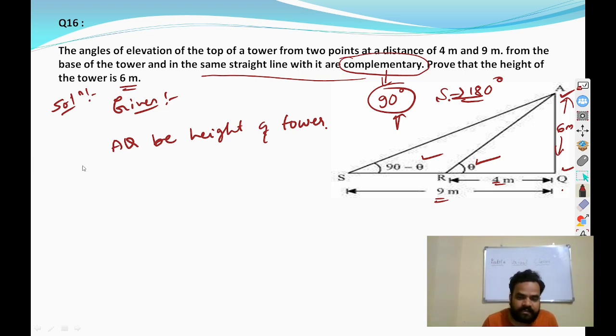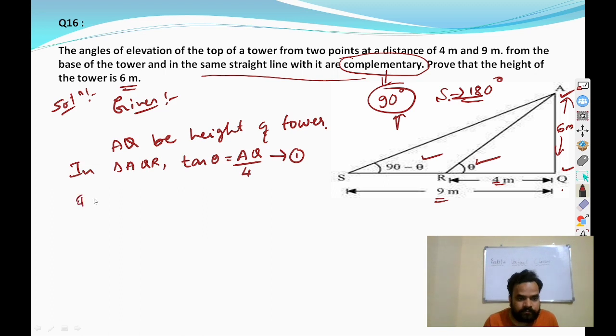So one angle is theta. In triangle AQR, tan theta is equal to AQ by RQ. RQ is 4, so tan theta is equal to AQ by 4. I will take this as equation 1.